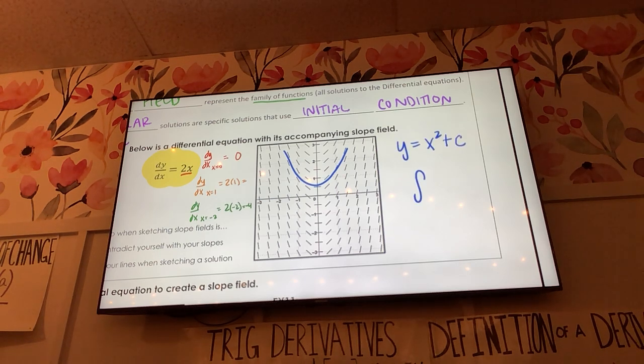If you were to integrate 2x, what would you get? X squared plus c. So the slope field creates a graph of the general solution. So the slope field looks like y equals, but it's created from y prime. Does that make sense? Is that kind of okay?